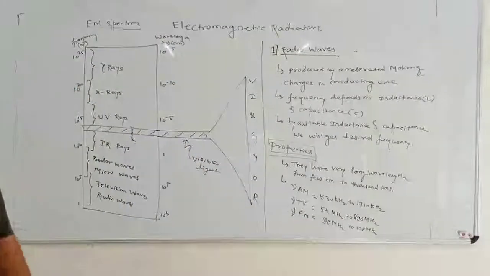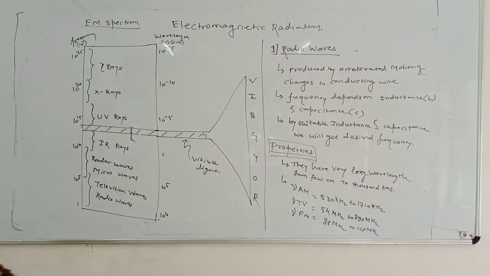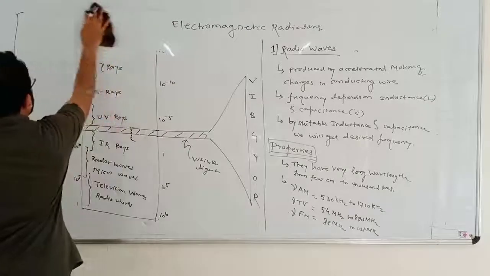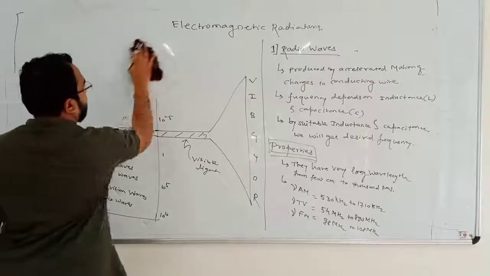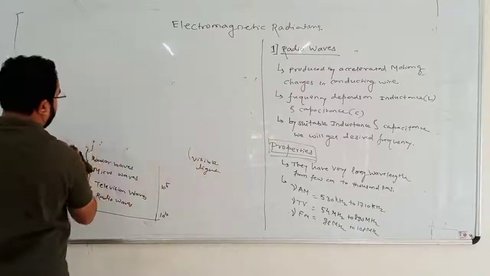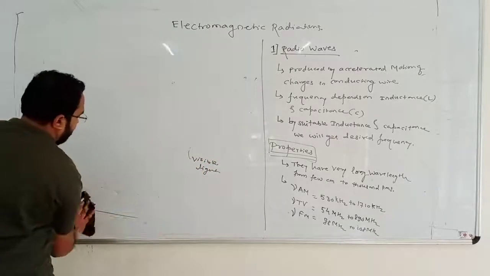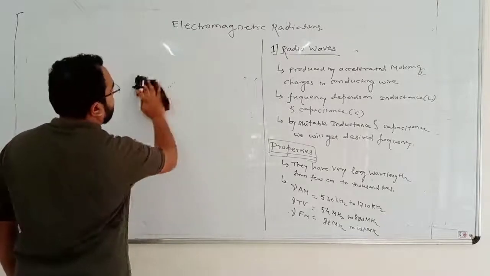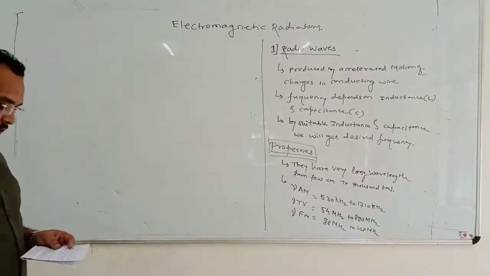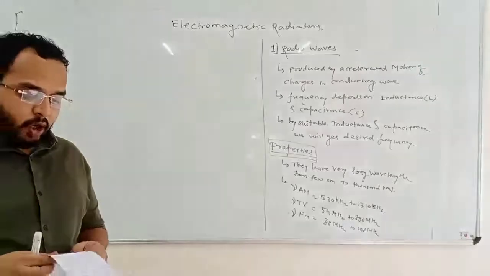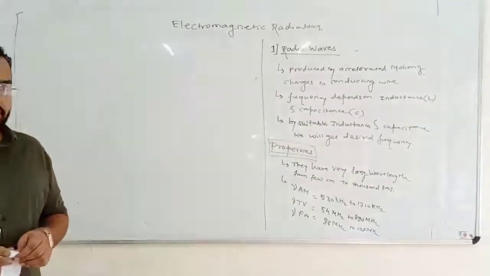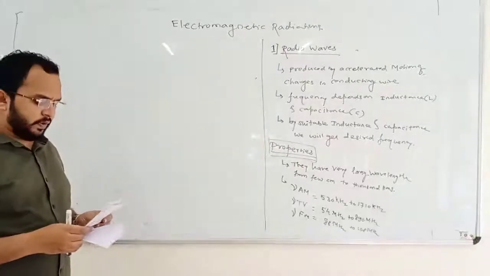Now, what are the uses? So we'll see one by one what are the uses of radio waves. Uses: wireless communication, radio broadcast, television broadcast, cell phones. So there are lots of uses.